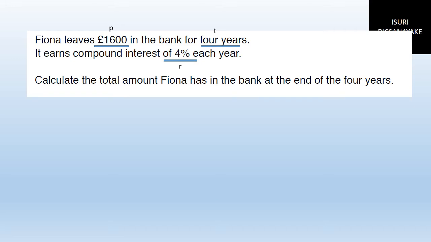The interest rate is 4%. So you are asked to calculate the total amount A. Let's write the formula. A equals P (1 plus R over 100) to the power T. And by substituting the values, we can get the answer as 1,871.77.